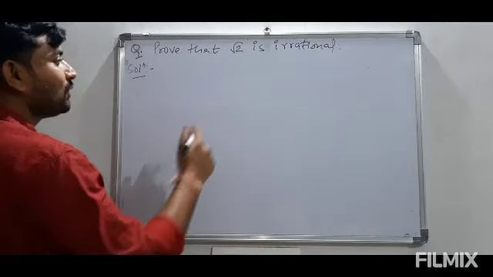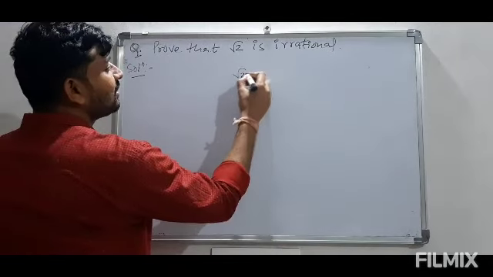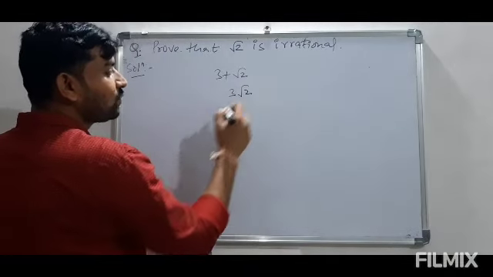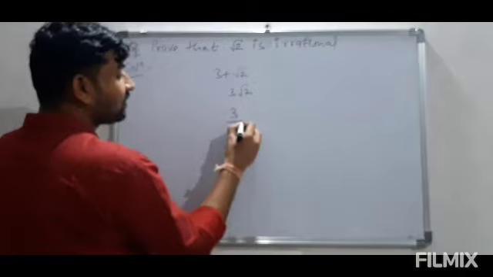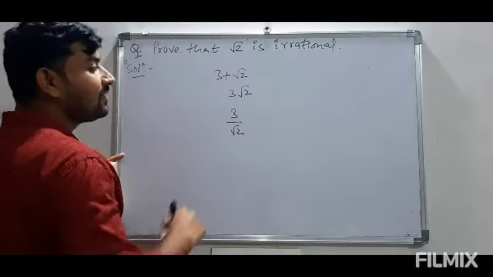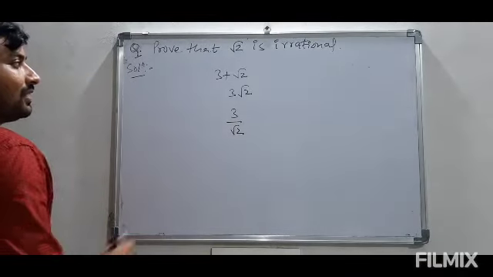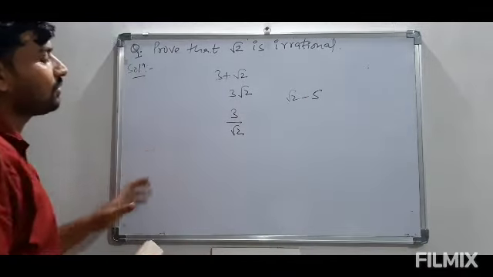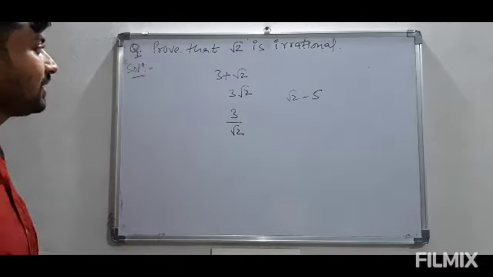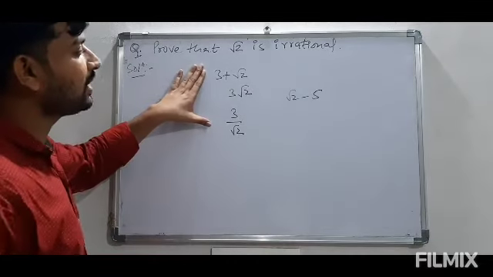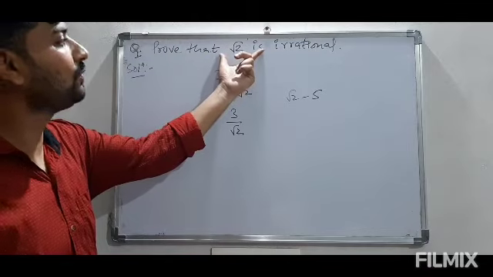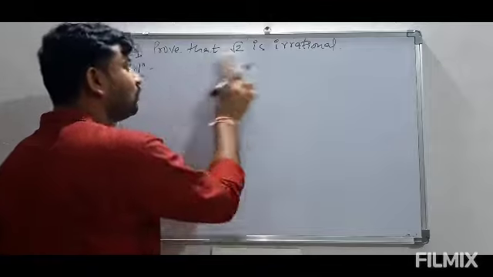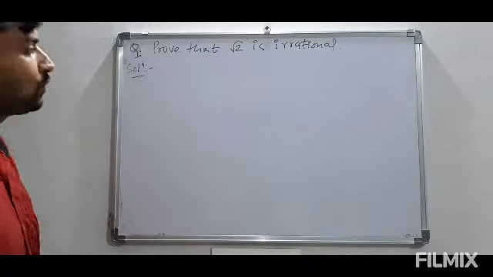Then we have questions like 3 plus root 2 is irrational, or 3 root 2 is irrational, or 3 upon root 2 is irrational. It can be subtraction also, like root 2 minus 5 is irrational. All these kinds of questions may come. For proving them all, we need the proof of this. This we have to prove first, then only we can come to those questions.